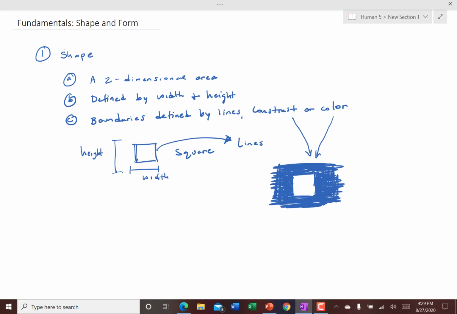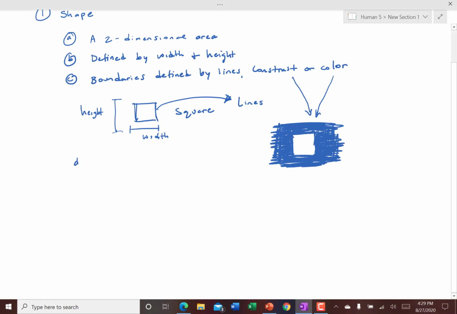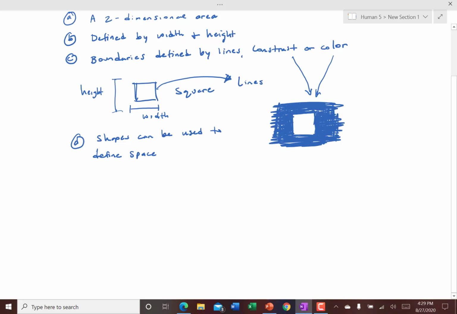And then ultimately shapes can be used to define space. If you think about why shapes are important, lines are the most fundamental element of art, but shapes are the ones we see most clearly.